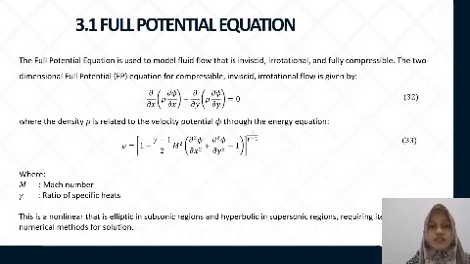The two-dimensional full potential, or FP, equation for compressible, inviscid, irrotational flow is given by equation 32, where the density rho is related to the velocity potential phi through the energy equation. We can see this in equation 33, where M is the Mach number and gamma is the ratio of specific heats. This is a nonlinear equation that is elliptic in the subsonic region and hyperbolic in the supersonic region.